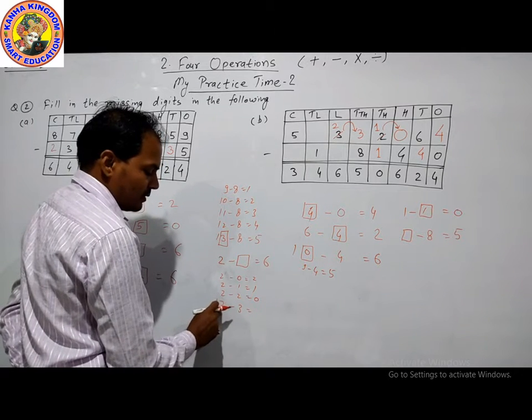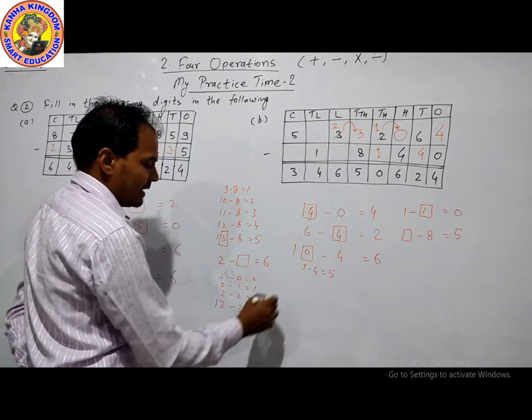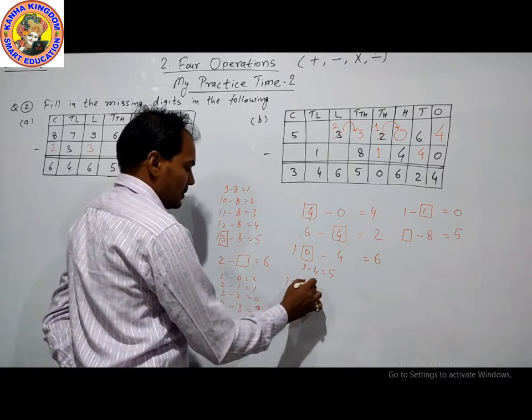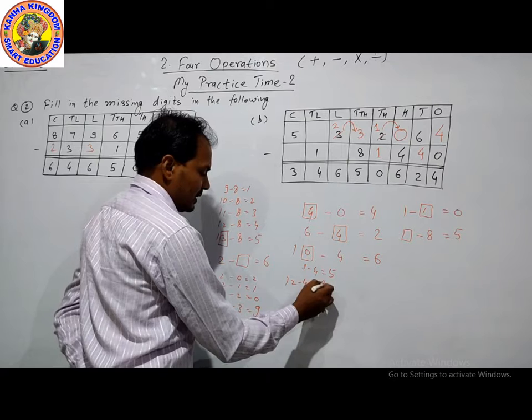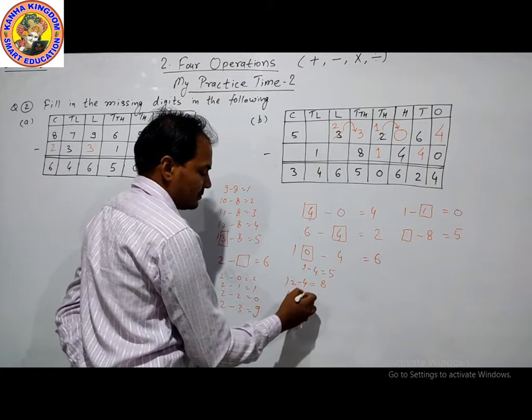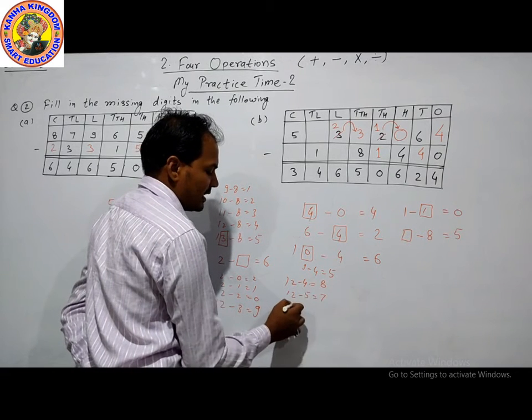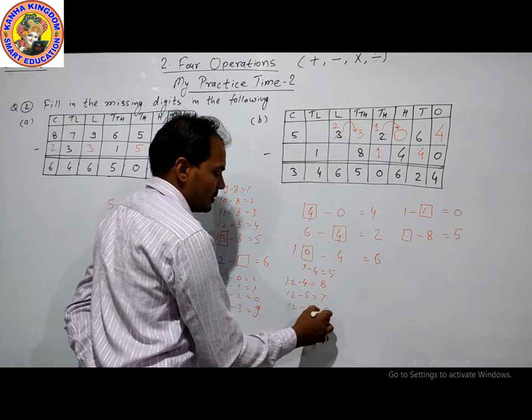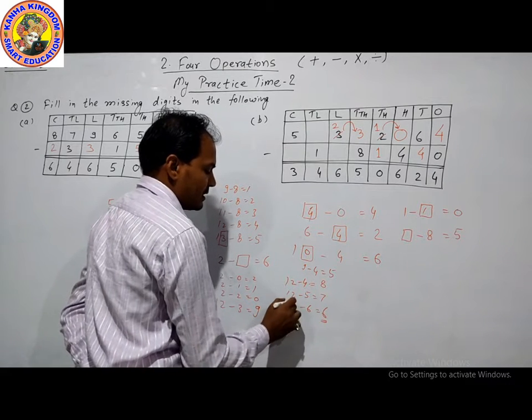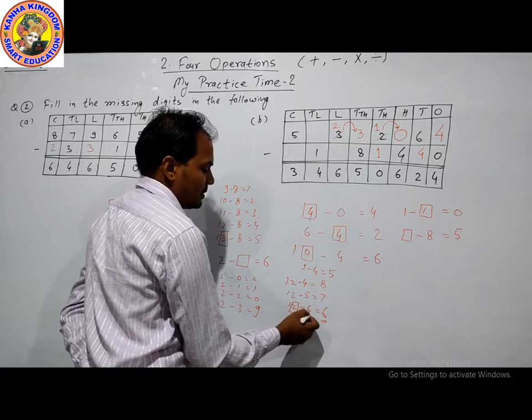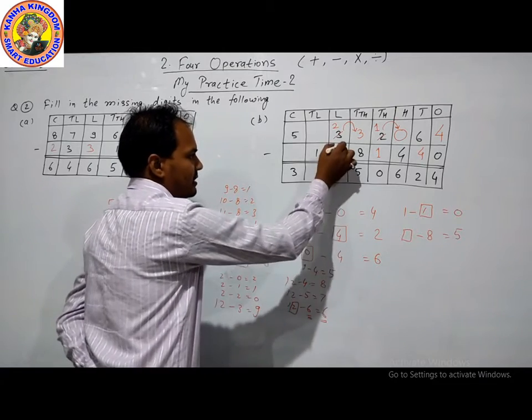So here is 12. 12 minus 3 is equal to 9. 12 minus 4 is equal to 8. 12 minus 5 is equal to 7 and 12 minus 6 is equal to 6. The answer is 6. So we will take here 6.